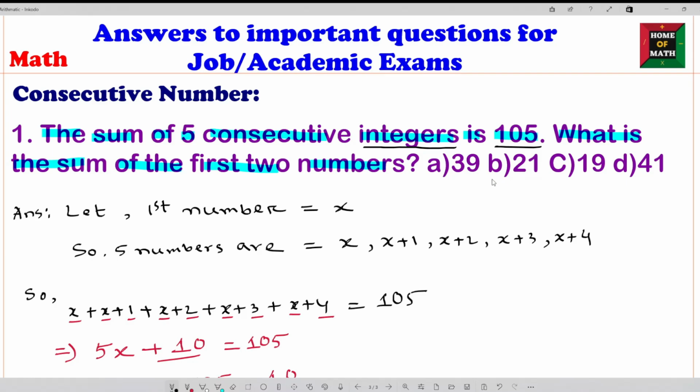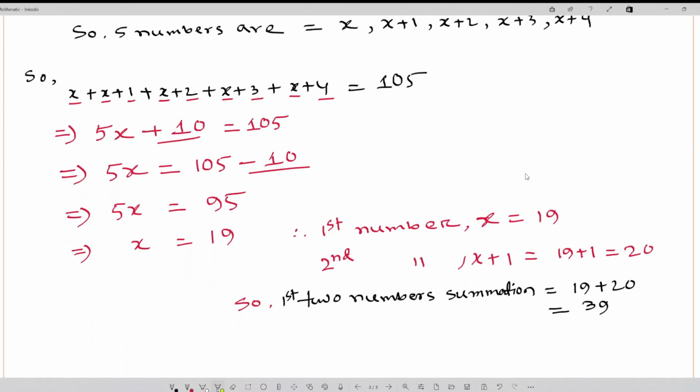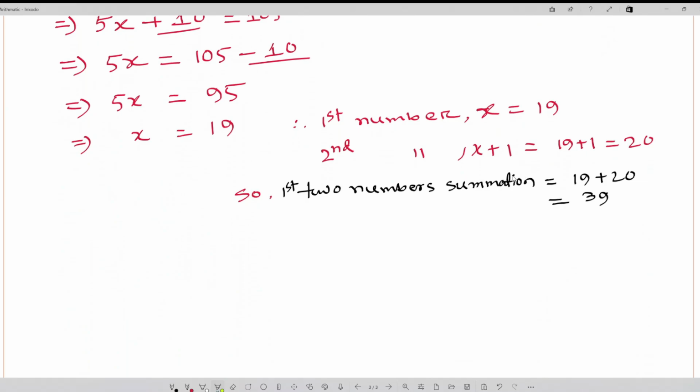So here is option A, 39. Okay, hope you are clear on this one. So 39 is our right answer. It's looking a little bit big, but if you know the rule, we can easily solve this one. So for our understanding, I'm trying to make it step by step.